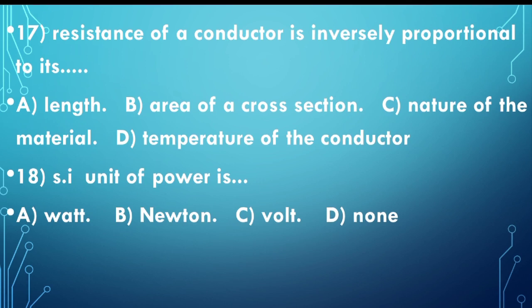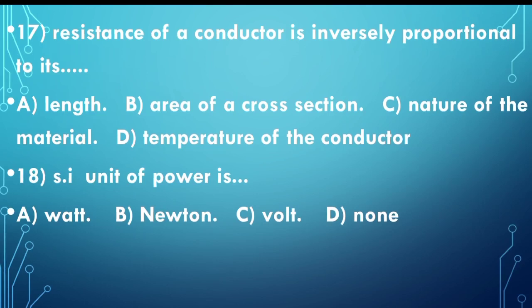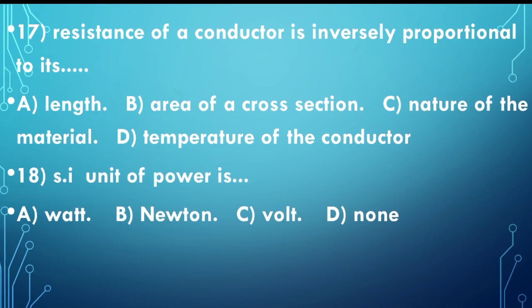So the answer is B, area of cross section, because if there is an increase in area, the space between the charged particles will increase, so there will be a decrease in collisions and the resistance will decrease. So area will be increasing. So resistance of a conductor is inversely proportional to its area of cross section, children. So that is the answer and the explanation.